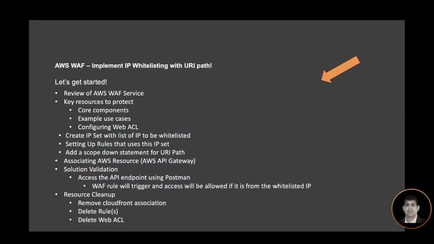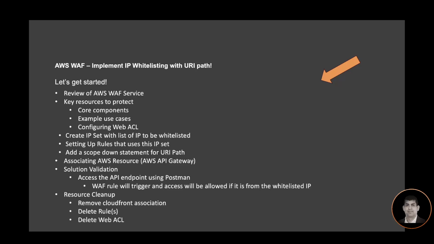Let's get started. We're going to review the AWS WAF service. We will look at the key resources to protect, the core components, the example use cases, and configuring the WebACL. We'll create an IP set with the list of IPs to be whitelisted, set up rules that use this IP set, and then also add a scope down statement for the URI path. I'll associate this with the AWS resource, which in this use case is the AWS API Gateway.